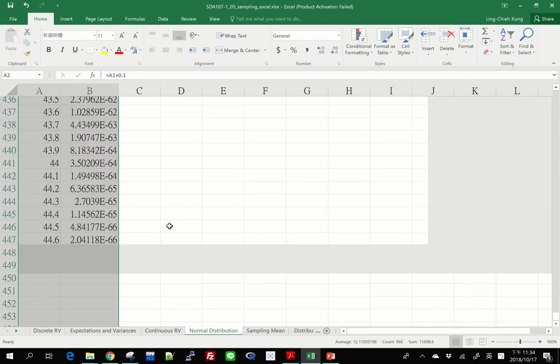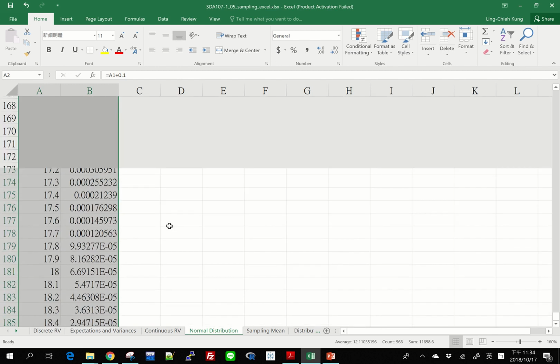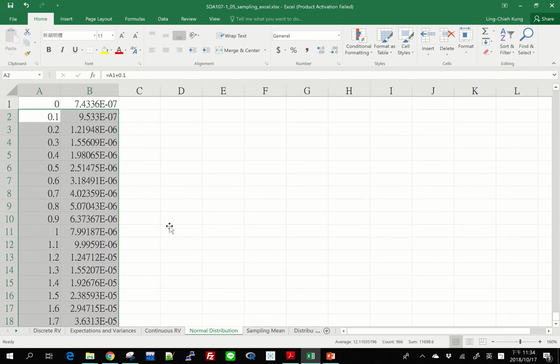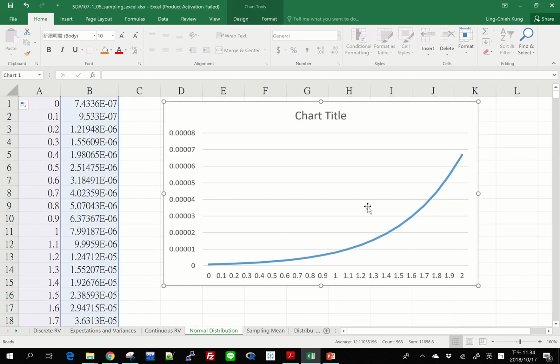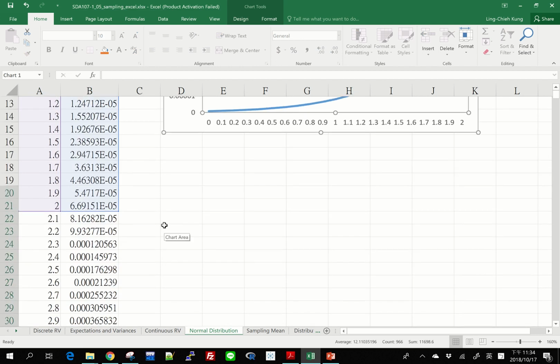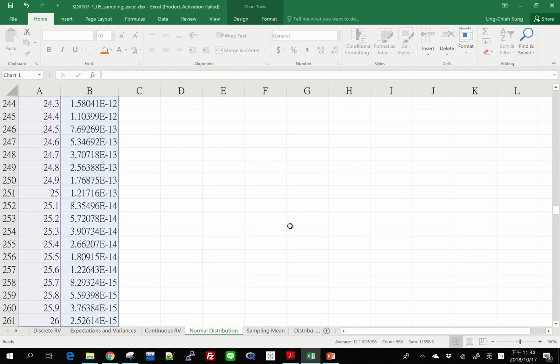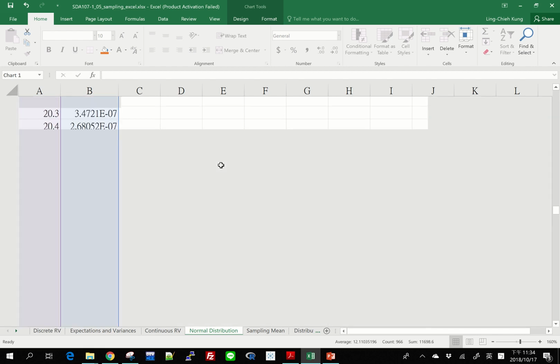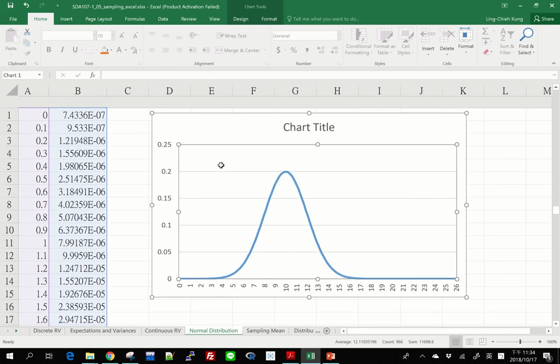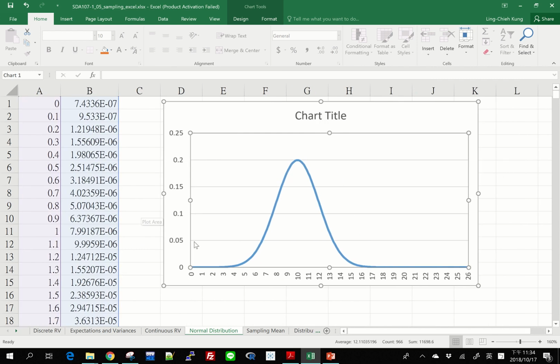Okay, should be enough. Now I want to reselect my range here, to, for example, here, 26. If I do so, I'm going to see a very smooth curve here, and it just looks like a beautiful bell shape.